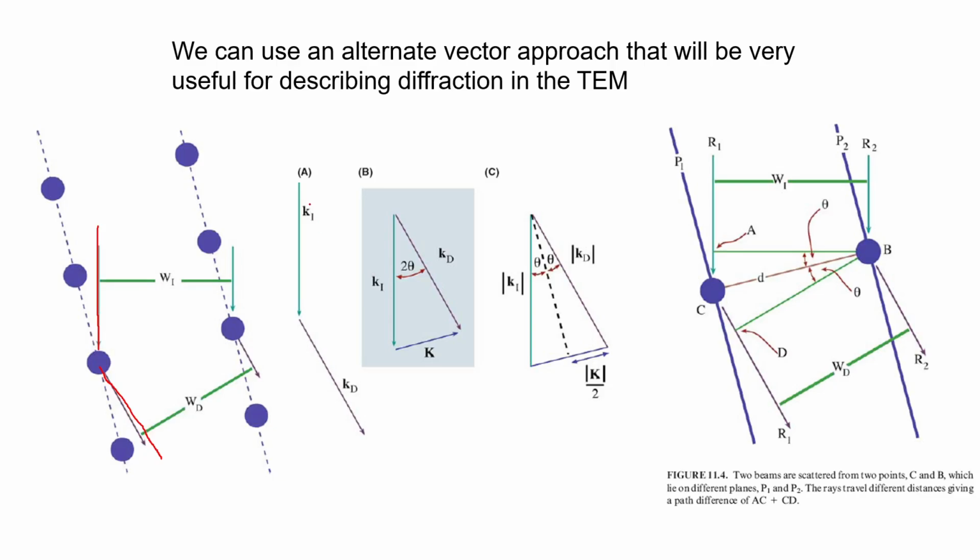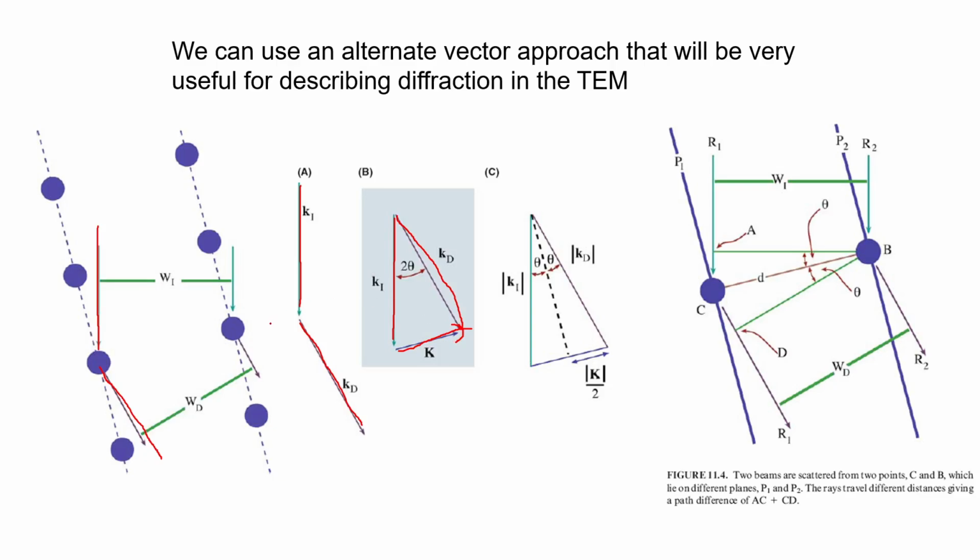Then you can see that your incident beam is this K1, and your diffracted beam is KD. So if you make a triangle out of this, this is your K1, you just need to rearrange it, and this will be your diffracted line KD. Then you have generated this vector, which is known as vector K.